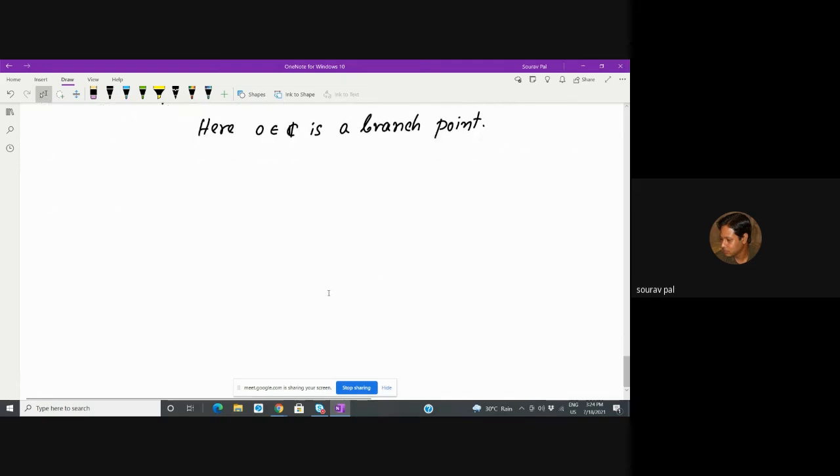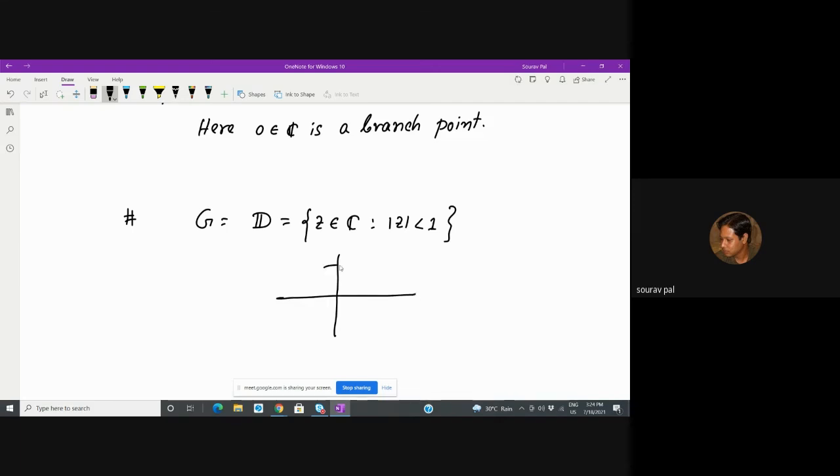Now if you specify your domain, for example, if you choose the unit disk of the complex plane as your domain, and you want to define a branch of logarithm here, then what would you do? So this is your domain now.